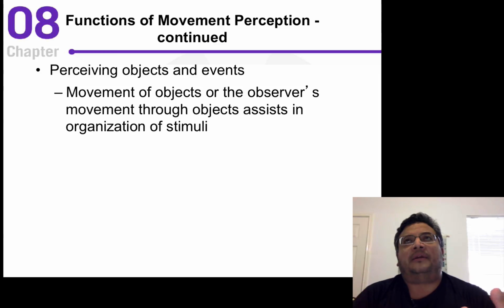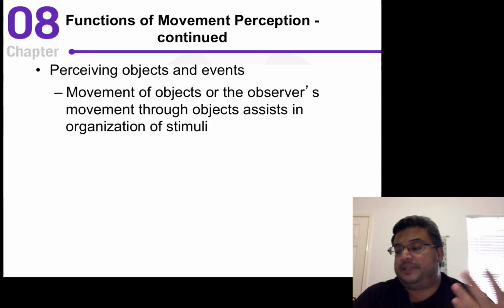And as I said earlier, we're either looking to understand how we are moving through objects or how objects are moving relative to us. These two fundamental types of tasks, processes, however you want to call them, underlie a lot of how we organize our world, right? We do organize our world around the way things move around us and the way things move towards us and away from us and next to us and whatnot.